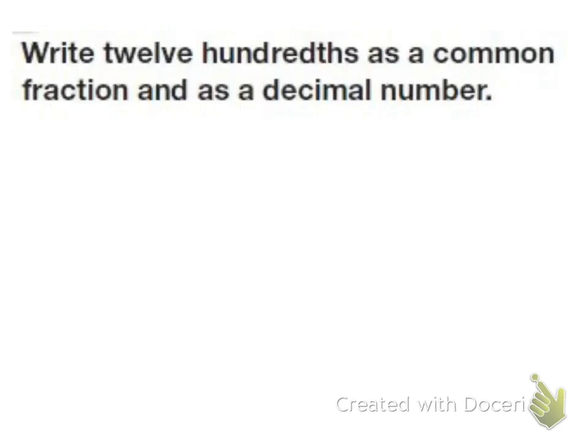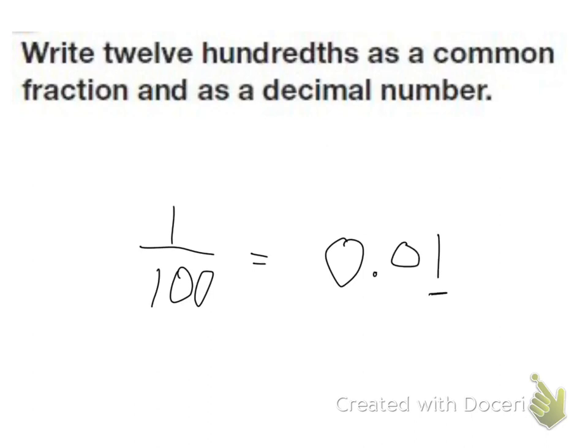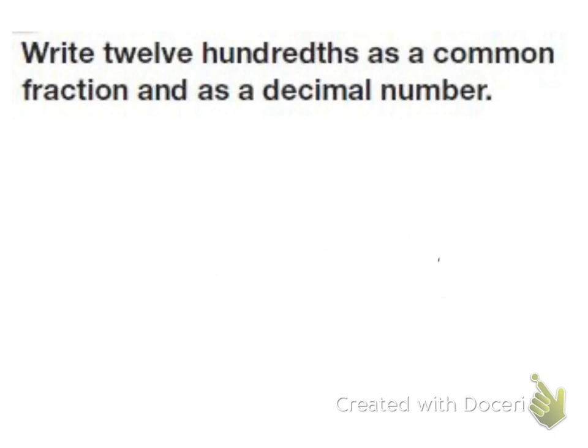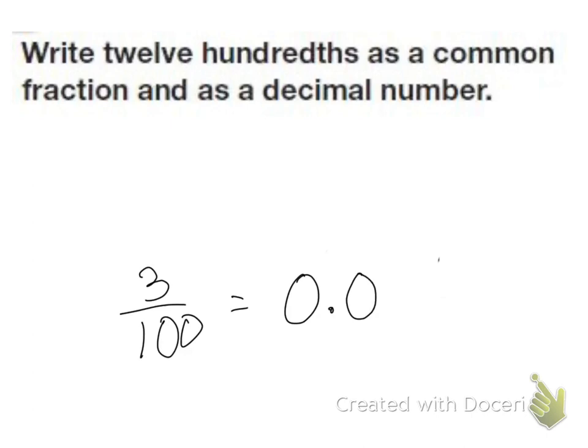Now, remember I said that a common fraction with a denominator of 100 can be written as 0.01 because the 1 goes into the hundredths place. Okay, so if I had something like 3/100, that would equal 0.03 because the 3 has to go in the hundredths place value.